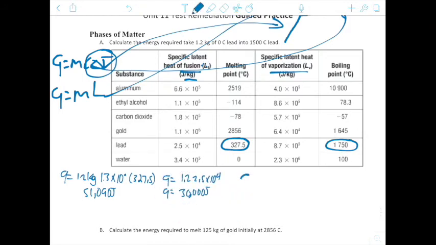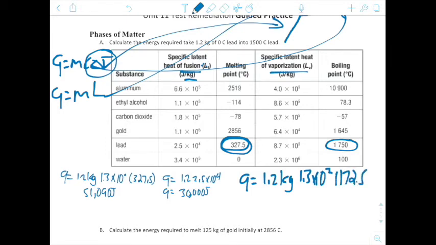And then it's going to change temperature again, so we're going to use the Q equals mc delta T. So Q equals m, which is 1.2 kilograms, times our specific heat, which is going to be 1.3 times 10 to the second, times our change in temperature. It's going to go all the way up to 1500 degrees, so from 327.5 to 1500. And that is going to be 1172.5.